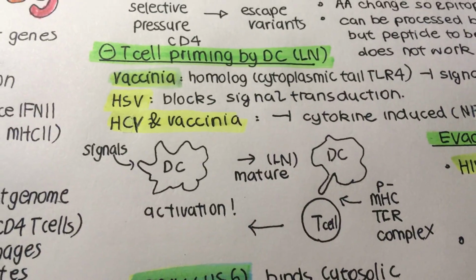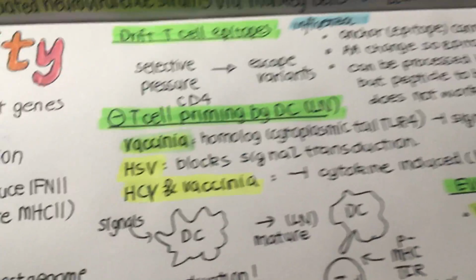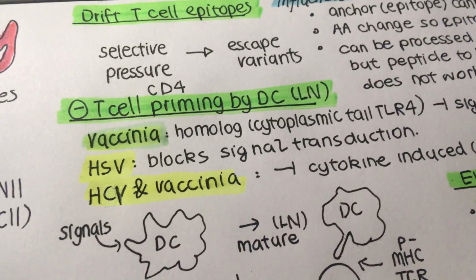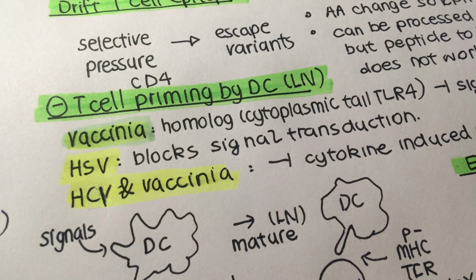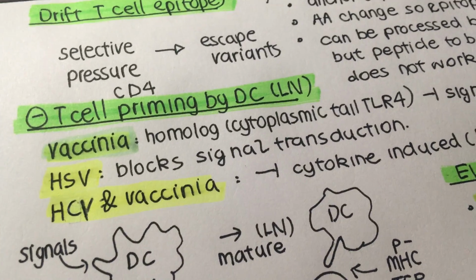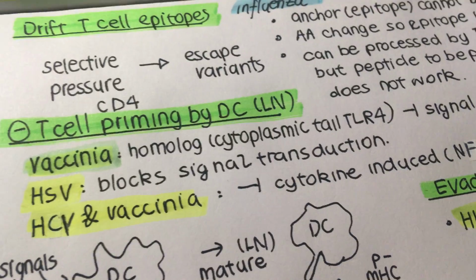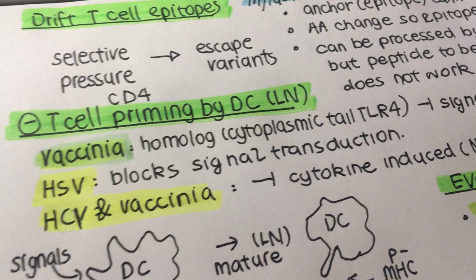But what instead some viruses do is that they inhibit the maturation of dendritic cells, which are necessary for the digestion of the virus and presentation of the peptide MHC complex.